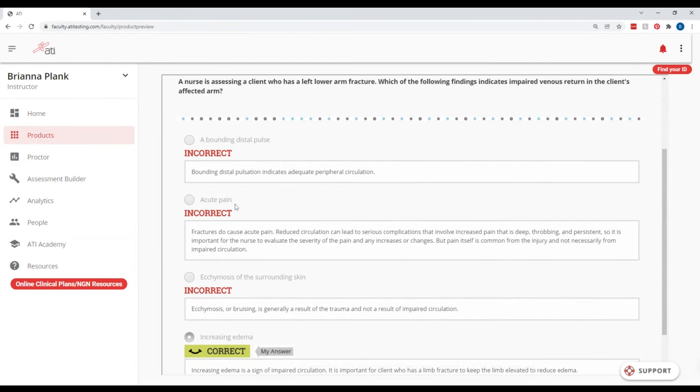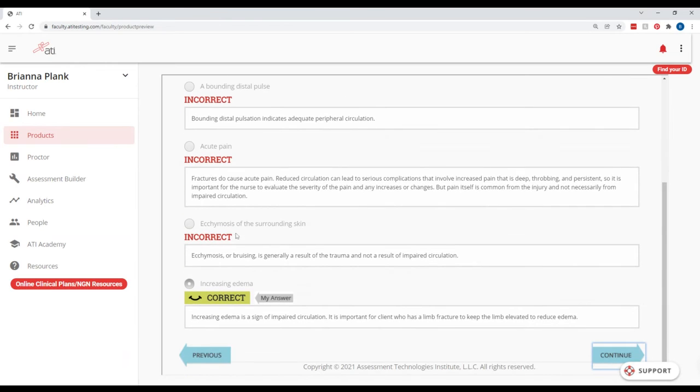That doesn't make sense. Acute pain, maybe. Ecchymosis is bruising. So bruising doesn't go with impaired circulation. That's from trauma to the tissues. So increasing edema makes sense because remember, as we have less blood flow to the area, our edema starts to increase.